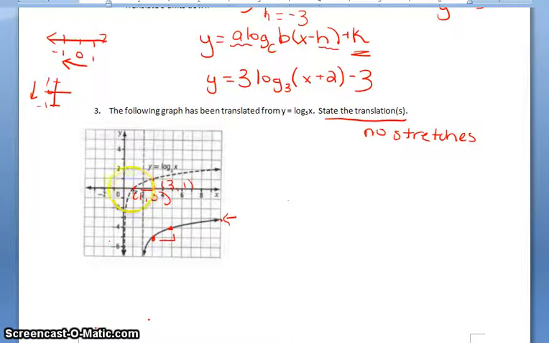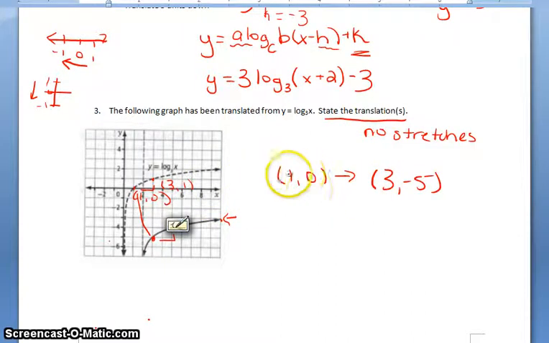So as long as you can confirm that these 2 points should be the same if we were overlapping those graphs, we can look at those coordinates. We have 1 and 0 goes to 3 and -5. Ask yourself, what do you do to x?